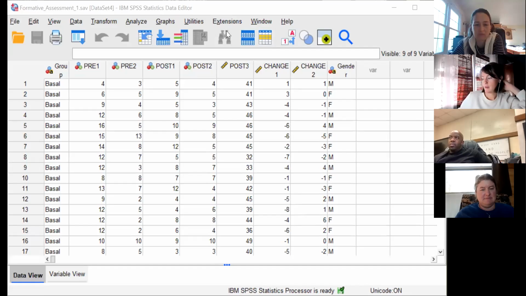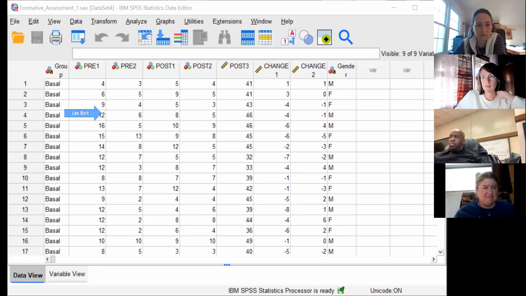Okay, I'm back on the data set, getting my little arrow pointer and getting rid of some of that. What was the original one we were looking at? Pre-1 to post-2.